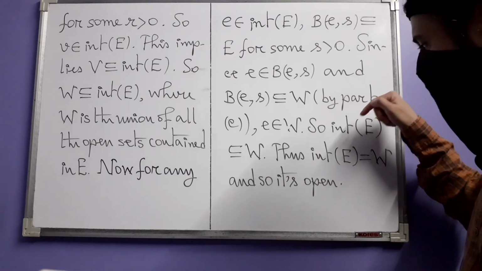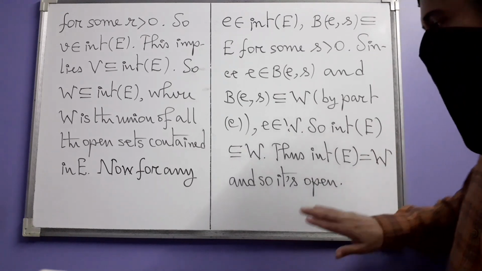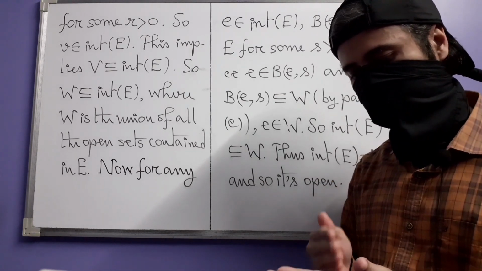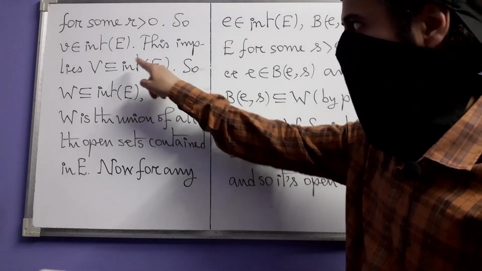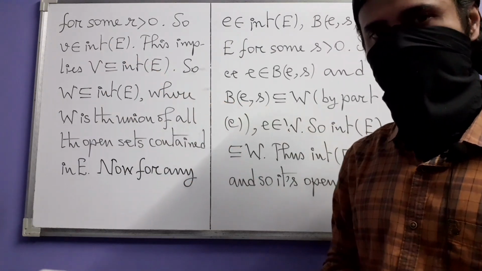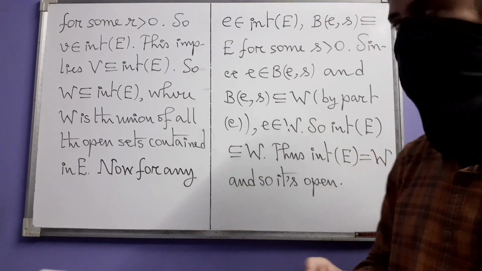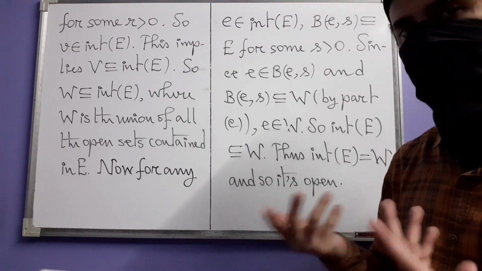The fact that the interior of E is contained inside E as a subset, and now the fact that it's also open, tells you that it is an open set contained in E, and it contains all other open sets V which are also contained in E. So in that sense, it is the largest open set contained inside E.